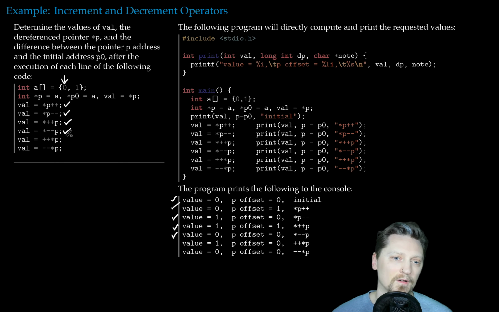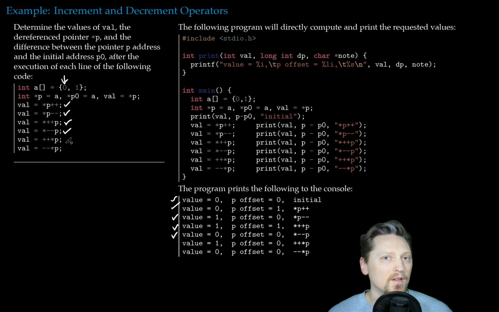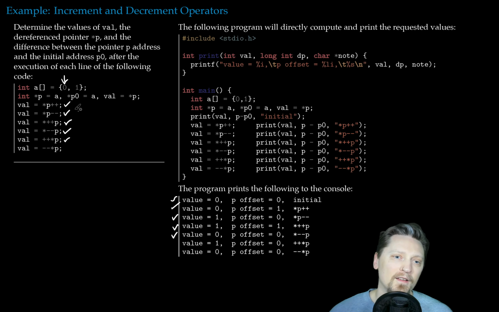So we go from 0 to 1. So val should get the value of 1 assigned to it, but we haven't changed the position of the pointer. However, we have changed the value of the array in the position that's pointed to. It went from 0 to 1 here. So we got value 1 and offset 0.